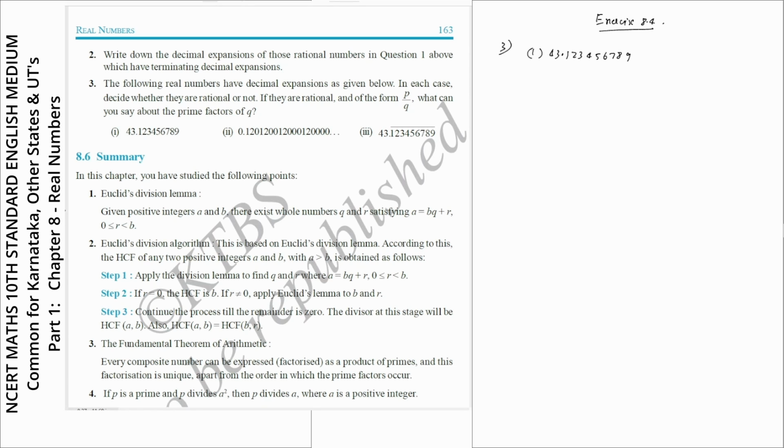43.123456789. So in this decimal, the decimal is terminating, so that means it is a rational number, and the factors of the denominator are 2 and 5. So I am writing: decimal is terminating, therefore it is a rational number.